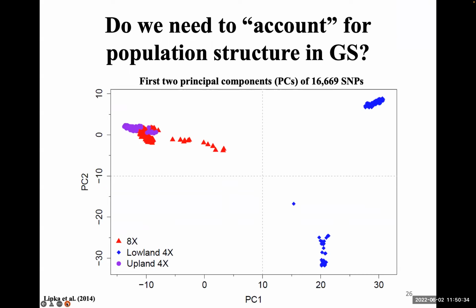Our y-axis is the second principal component of our principal component analysis of our 16,669 SNPs. What I did was change the symbol and the color of our different 515 accessions of switchgrass by upland versus lowland and by their ploidy.